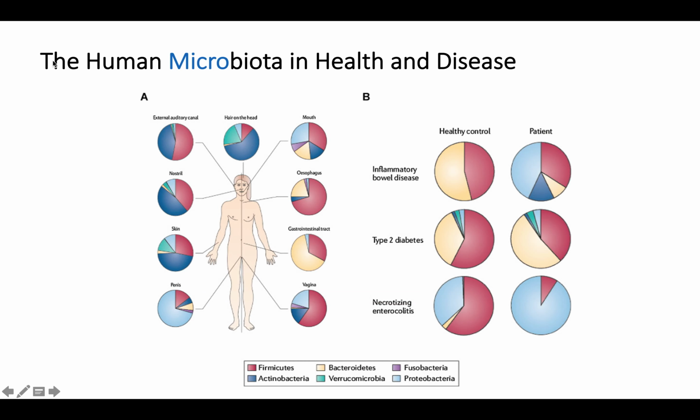So anyhow, this is just a slide. If you look at this on the right-hand side, under B, we've got a healthy control, and each one of those colors represents a different phyla, species of bacteria from the gut, and then compare it to the patient, the person that has a disease.